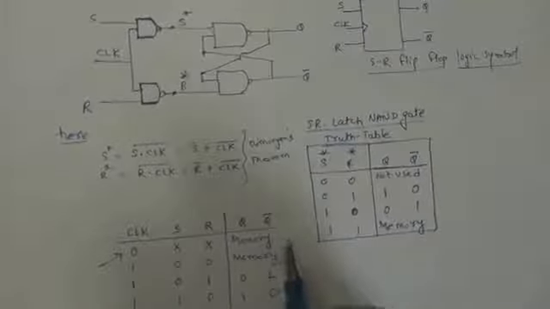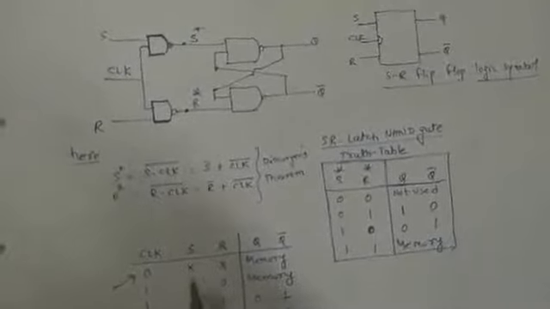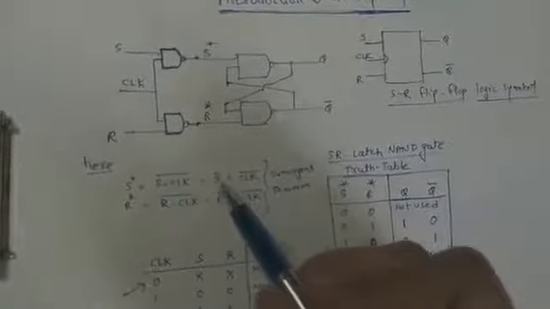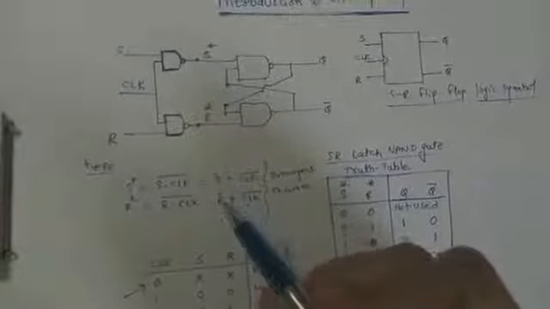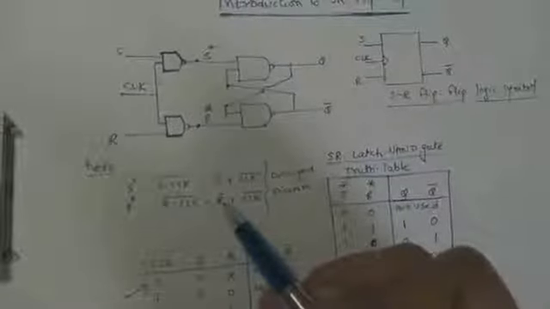It is a memory state, that is, there is no change in the outputs which is stored in the last stage. Also, one more thing to notice over here is that when there is no clock being applied, in that case the inputs S and R don't matter.